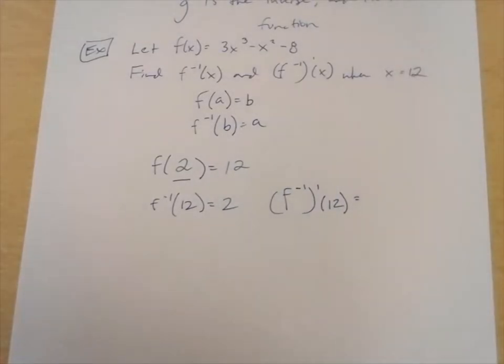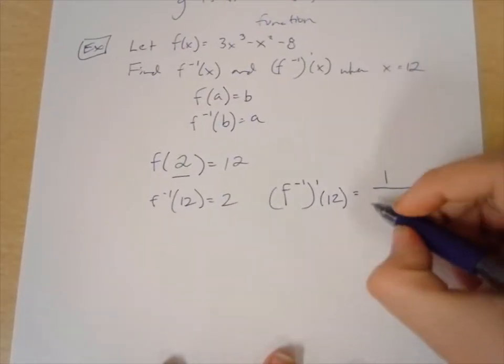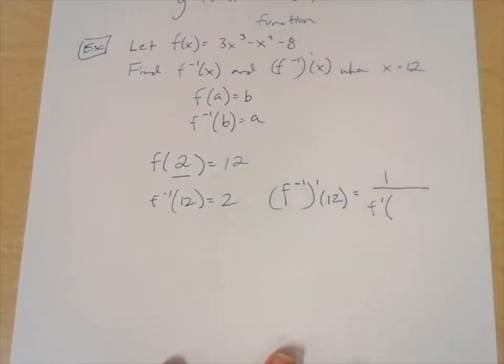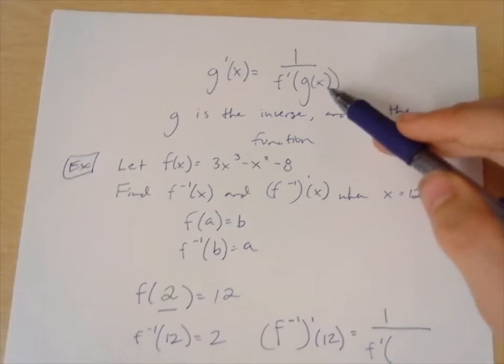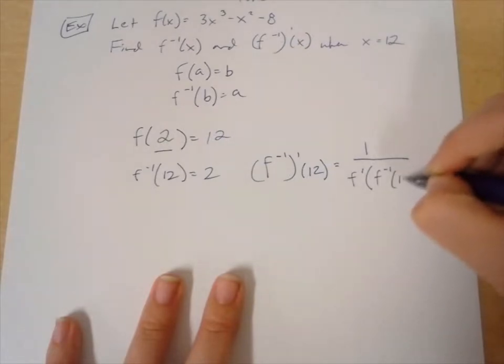And here's how we could set that up. We would do 1 over f prime of g of x, which means of the inverse of the value, so of the inverse of 12.